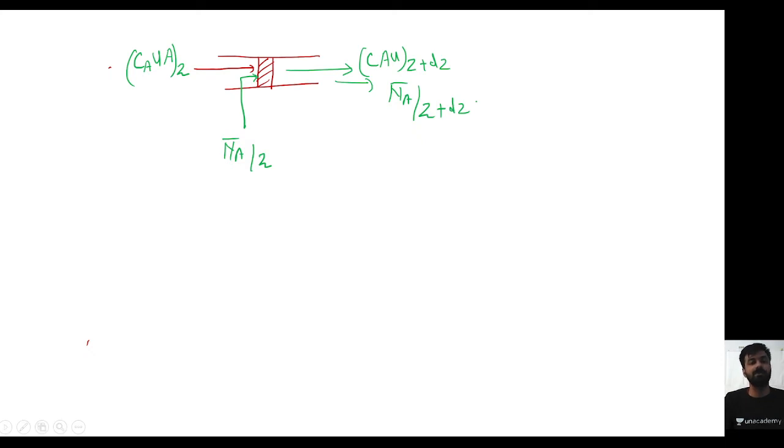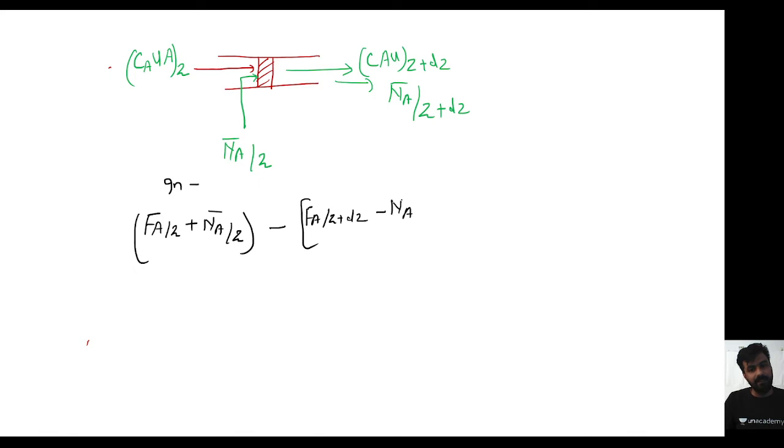Both of these two things will get coupled when I will be doing the modeling of this PFR. Now coming here, what happens over here? So can I write Fa at z plus Na bar at z? Are you getting? That is in, minus Fa at z plus dz minus Na bar at z plus dz.